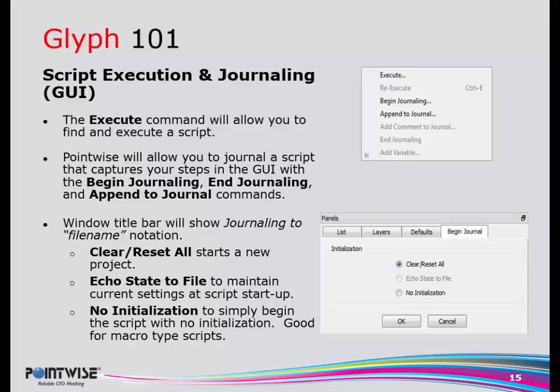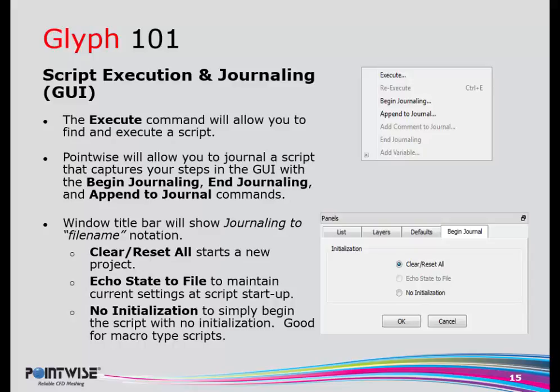Okay. I do want to mention something about journaling. Journaling is fantastic for just what I described. Learning the commands, if you're unsure of what a command is to do something, or if you want to accelerate writing a script, it's great for that, in that you can journal something, you can take that code and paste it into your script and clean it up.